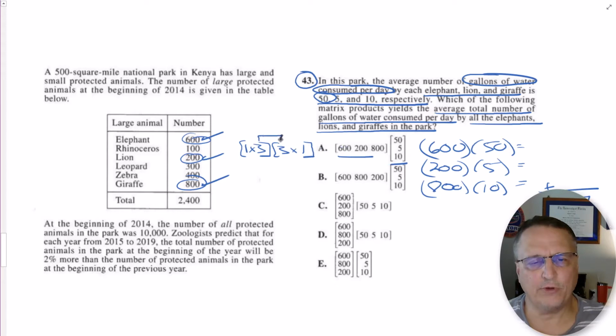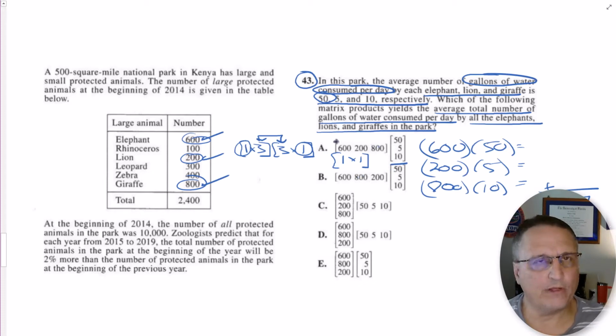I can do the multiplication because I do have a match between the columns of the first and the rows of the second. And the answer to that matrix multiplication would be a 1 by 1 matrix, which is what I would want, right? A 1 by 1 matrix is a singular number. And so both A and B would yield a 1 by 1 matrix, the total number of gallons that are consumed by the three animals.